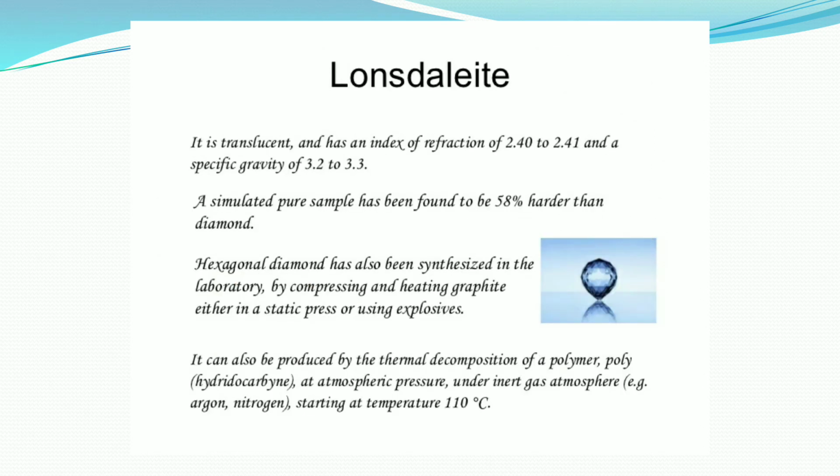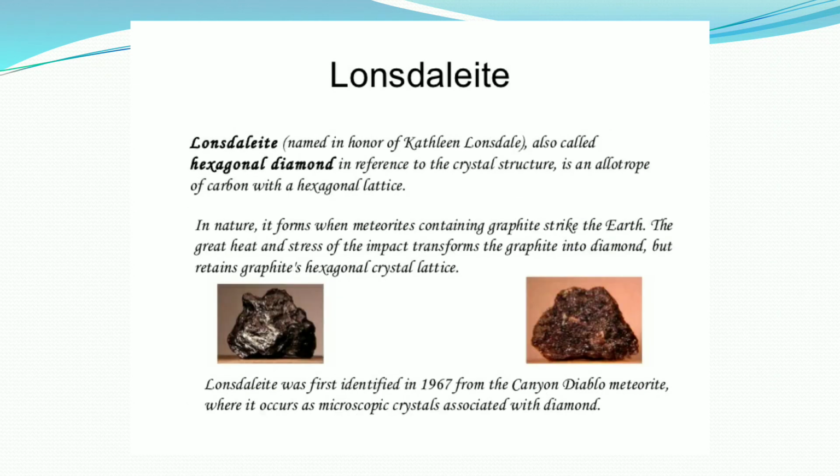Next is what? Lonsdaleite. Lonsdaleite's name is in honor of Kathleen Lonsdale, and it is also called hexagonal diamond. In reference to the crystal structure, it is an allotrope of carbon with a hexagonal lattice.